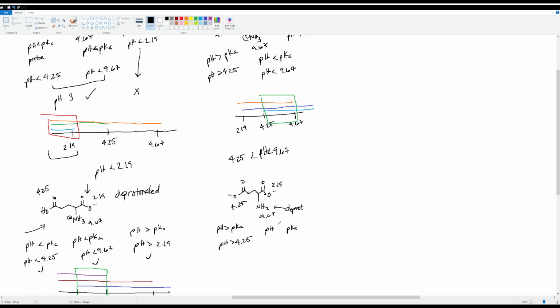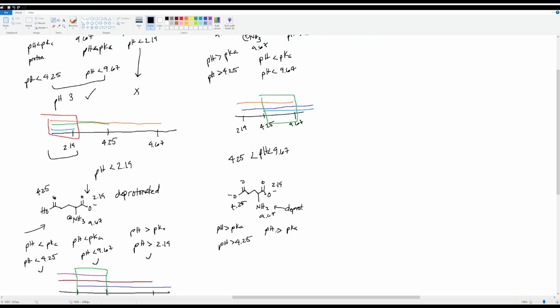Okay, so in order to get a deprotonated amine, what must be true of pH and pKa? Is pH less than, equal to, or greater than the pKa for this amine to be deprotonated? Must be greater. Correct.